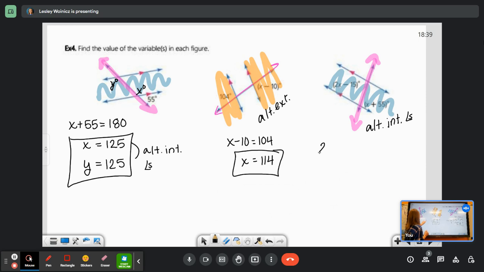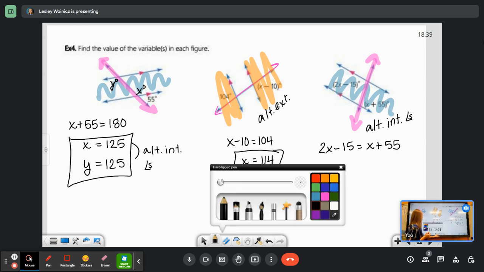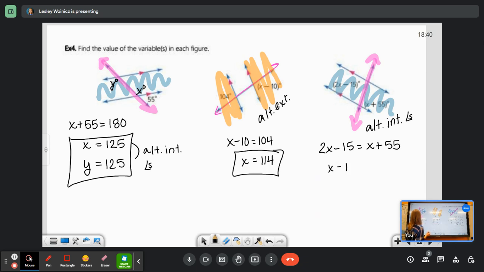So I can say 2x, if they're congruent, their measures are equal, right? So 2x minus 15 has to equal x plus 55. Okay, subtract x from both sides and I get x minus 15 equals 55. Add 15 to both sides and I get x is, is it 70?